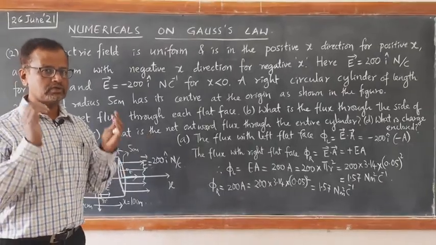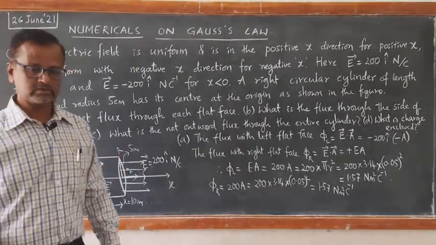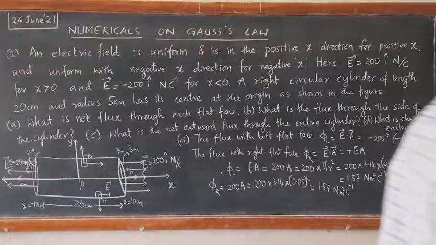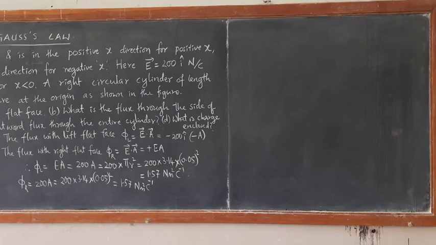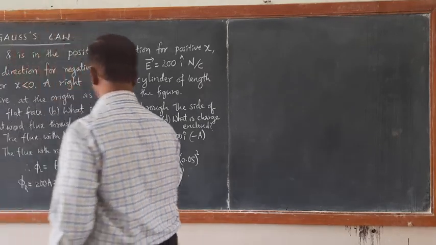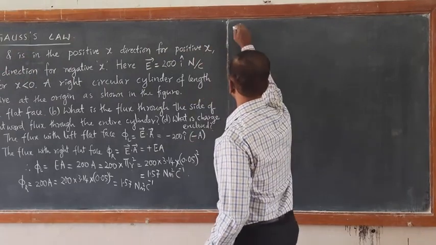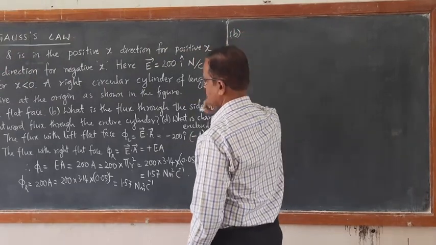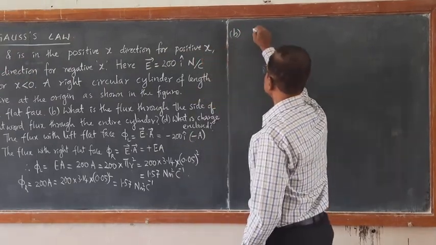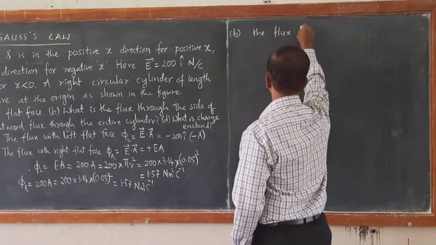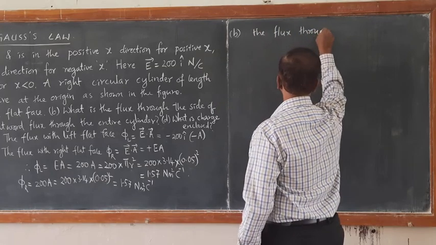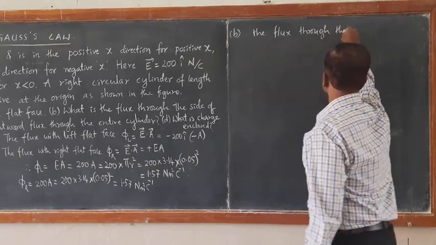By applying Gauss law, we can calculate the charge enclosed. So, we got the flux through each flat face. Now, question B is the flux through the side of the cylinder.